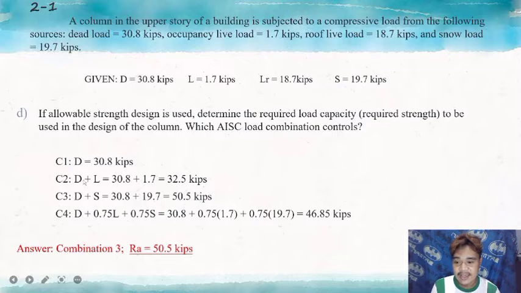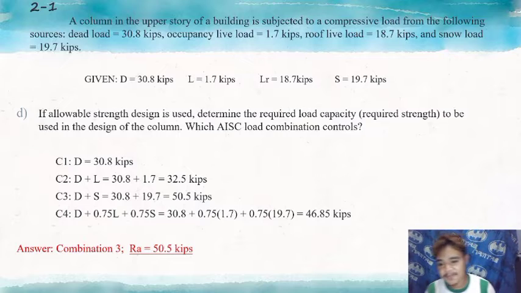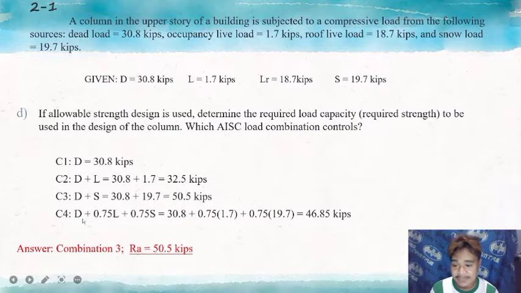Combination 2 is D plus L, which is dead load plus occupancy live load, equal to 32.5 kilopascals. Combination 3 is dead load plus snow load, which is 50.5 kilopascals. Combination 4 is D plus 0.75L plus 0.75S, which is 36.5 kilopascals, and our C4 is 30.8 plus 0.75 times 1.7 plus 0.75 times 19.7.